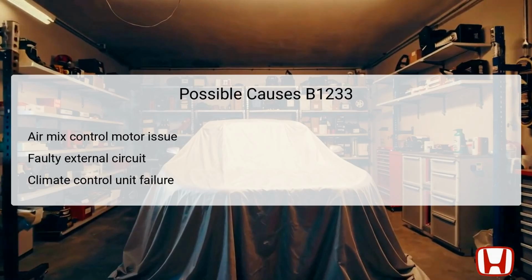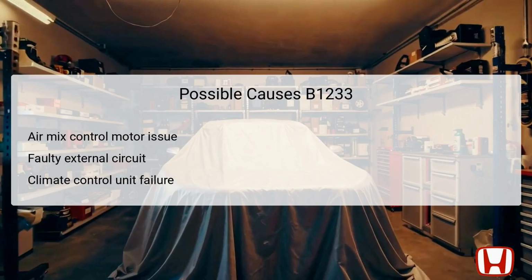Several possible causes can lead to DTC B1233 being triggered. One likely cause is a malfunctioning air mix control motor itself, which may have lost its ability to effectively manage temperature regulation. Another potential issue could be within the external circuit, specifically in the wiring that connects the air mix control motor to the climate control unit.